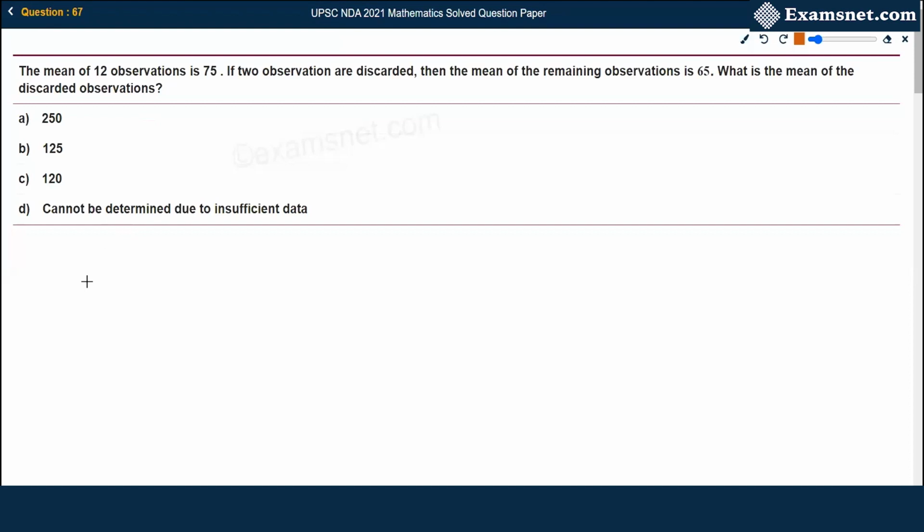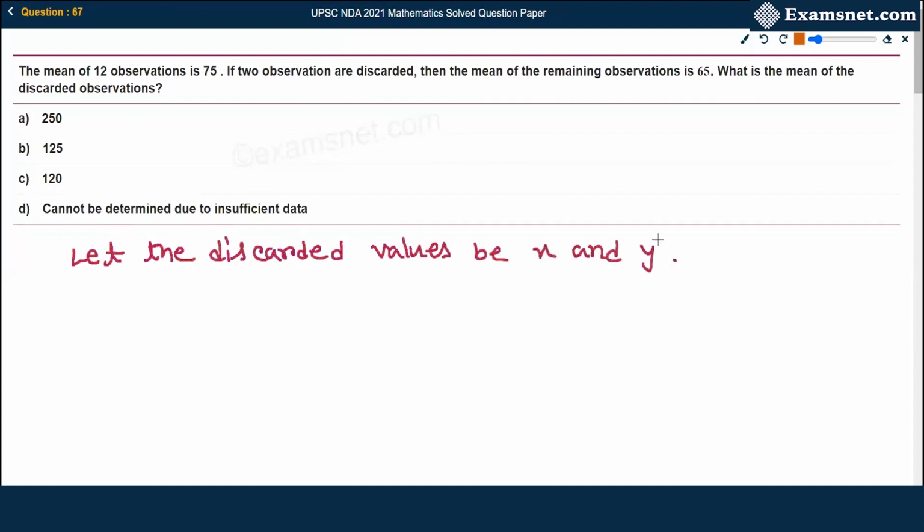First of all, we can assume the discarded observations as X and Y. So let the discarded values be X and Y. Okay.